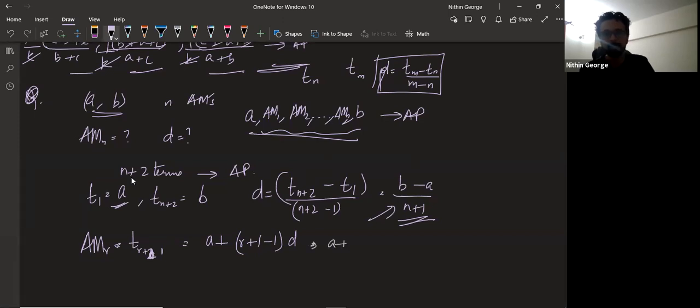This becomes A plus RD. Substitute that here. That will be the Rth AM that you insert between A and B. Is this clear?